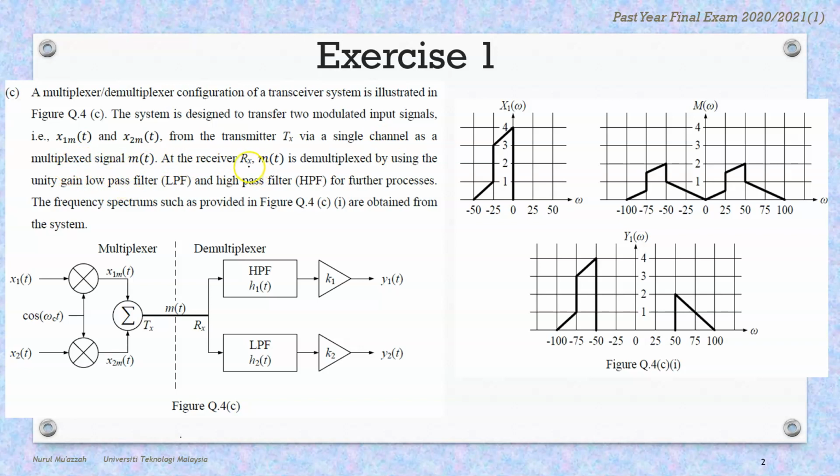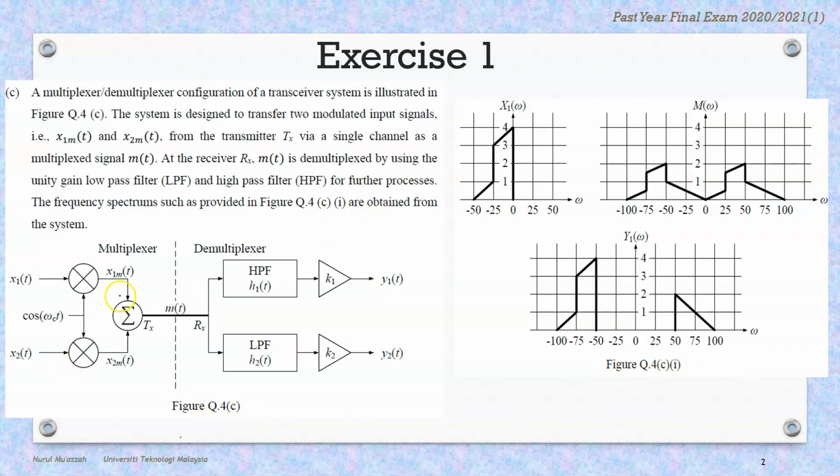At the receiver, RX, M(t) is demultiplexed by using the unity gain low pass filter, which is called LPF, and high pass filter, HPF, for further processes. The frequency spectrums such as provided in figure Q4C1 are obtained from the system. So this is figure Q4C1.